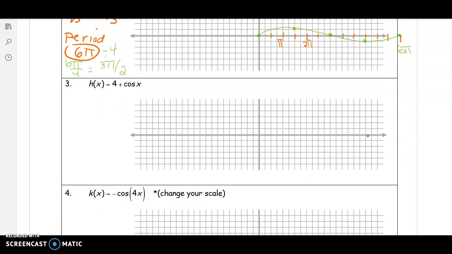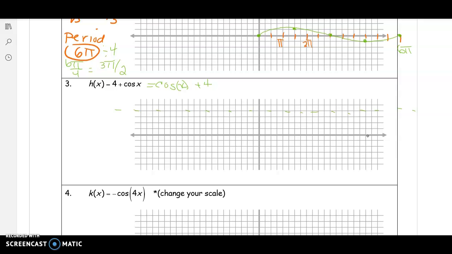All right, number 3. This is the same thing as cosine x plus 4 on the outside. So be careful, it's not an amplitude change, but if you thought vertical change, you are correct. So up at 4, I draw a dotted horizontal line, and I think of that as my new x-axis because I'm just shifting my graph up 4.